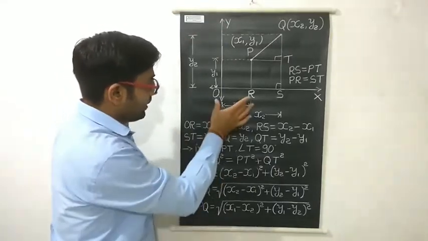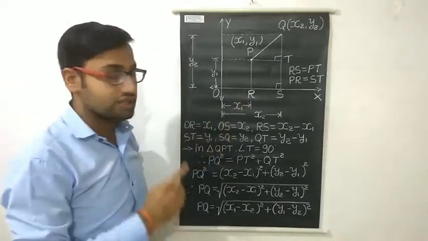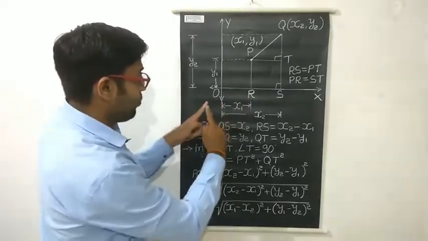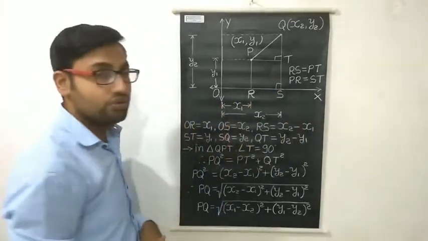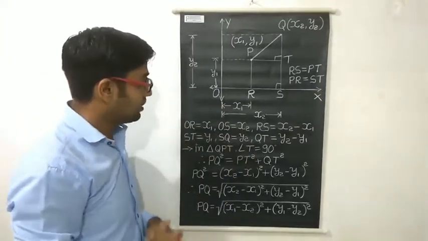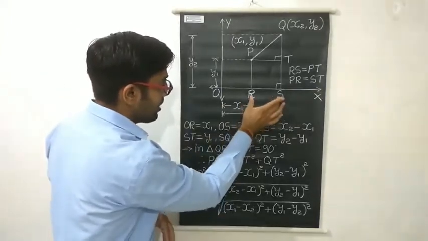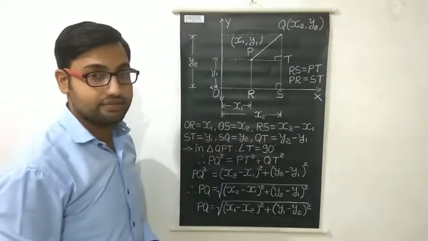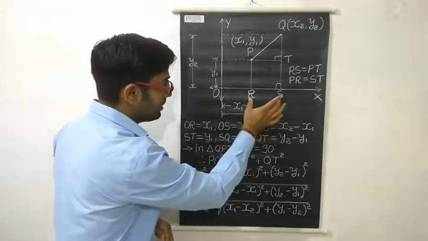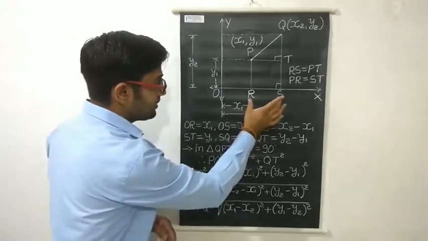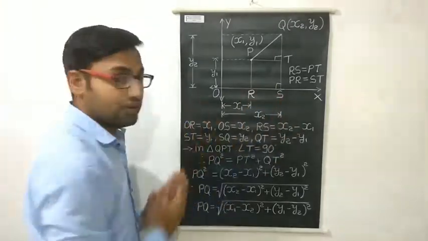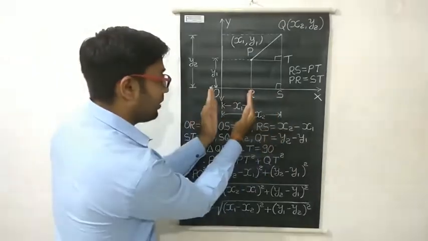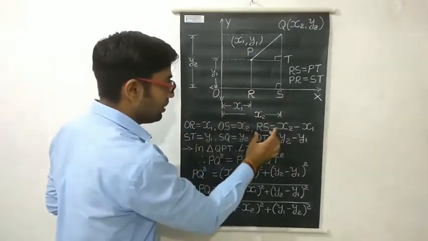First, we have OR equals distance x1 and OS equals x2. Now think about what the distance RS will be. RS equals x2 minus x1, that is, total minus OR equals RS.